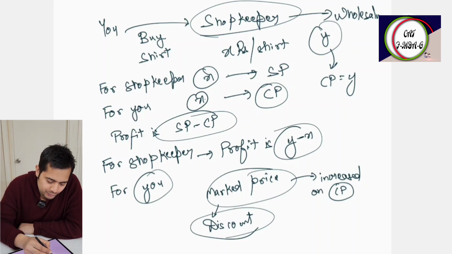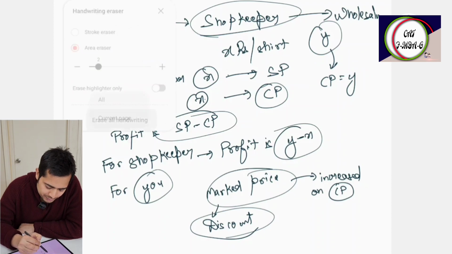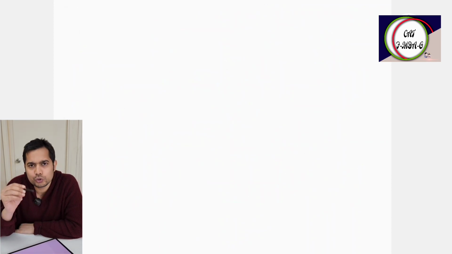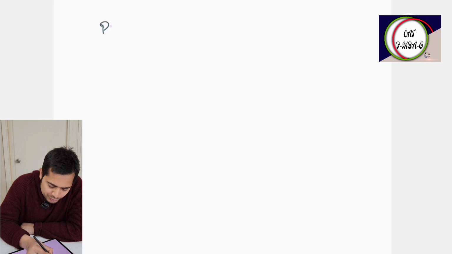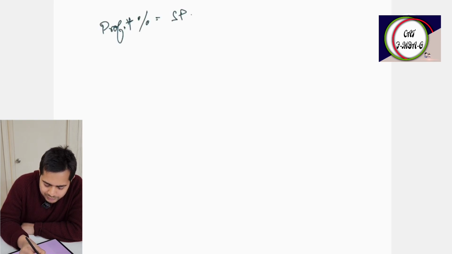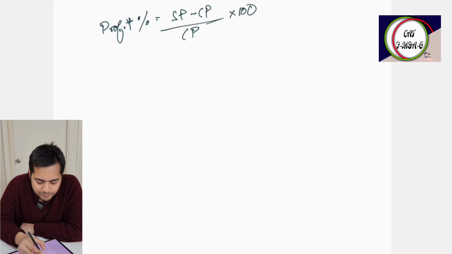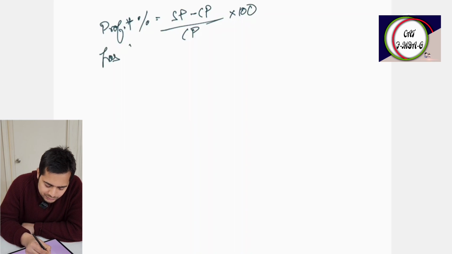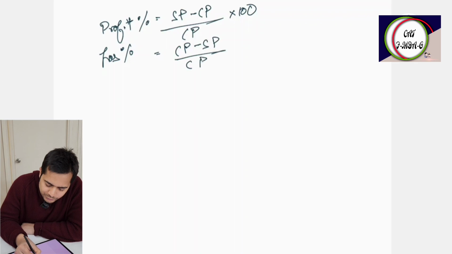Now in these kinds of things, one of the basic concepts you must understand is, rather than just using all the formulas, for example, profit percentage is equal to selling price minus cost price upon cost price into 100, okay? Or loss percentage is equal to cost price minus selling price upon cost price into 100.